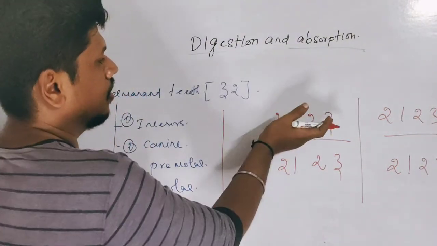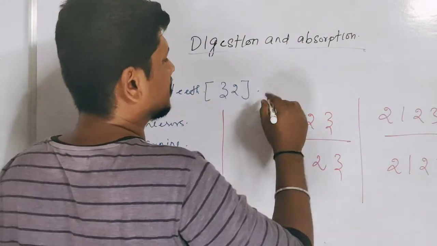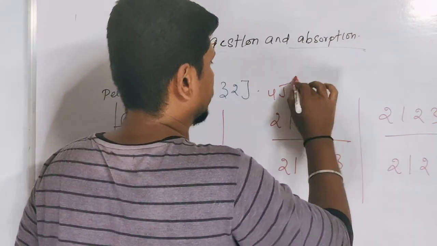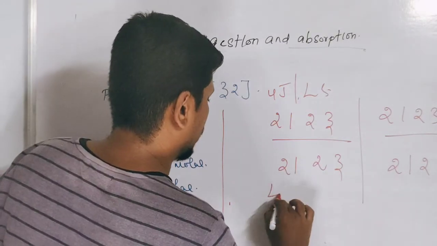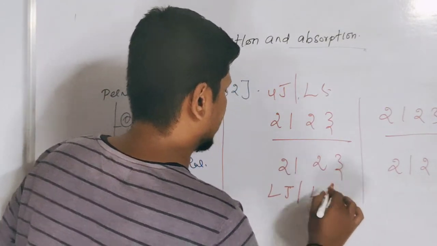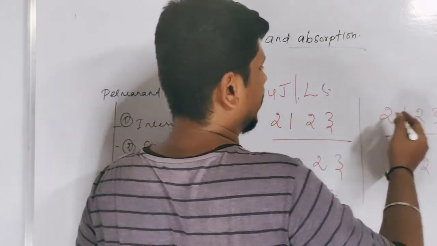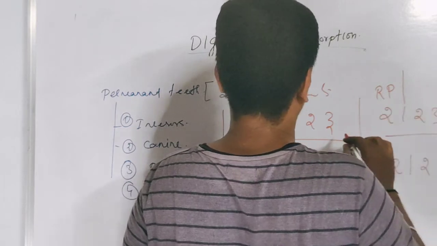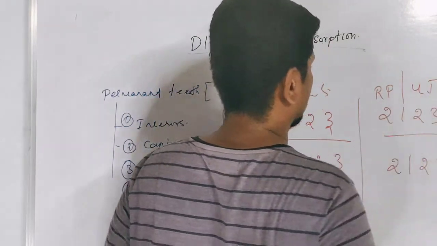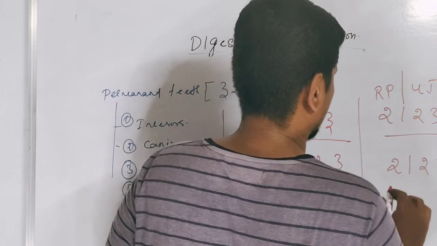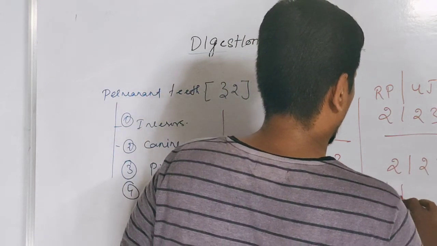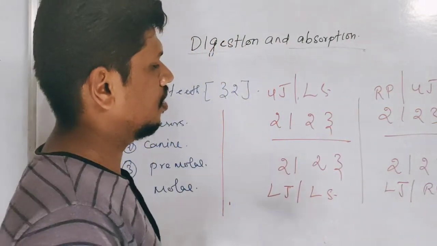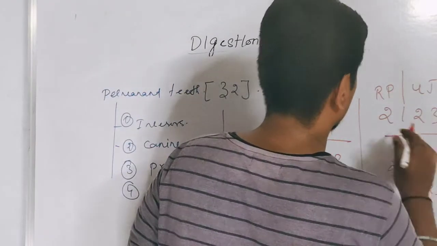Now listen carefully. This area you can consider as upper jaw, left hand side. Similarly, lower jaw, left hand side, and this part you can consider as right hand side, upper jaw. Again here also lower jaw, right hand side.